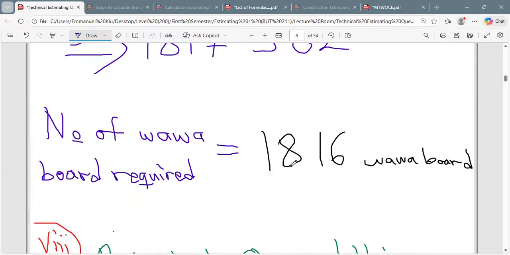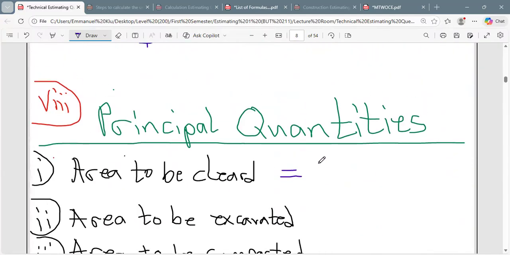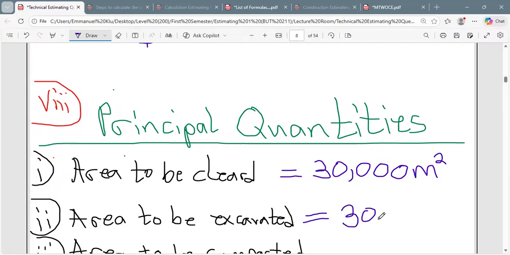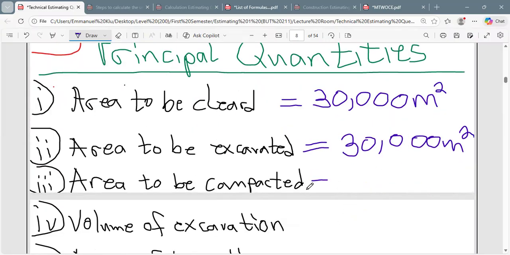So the area to be cleared is 30,000 meters squared. And the area to be excavated is also 30,000 meters squared. It's the same area they will clear that they will excavate. The area to be compacted, that is the surface treatment, is still the same thing, or what some people may call the earthwork support.